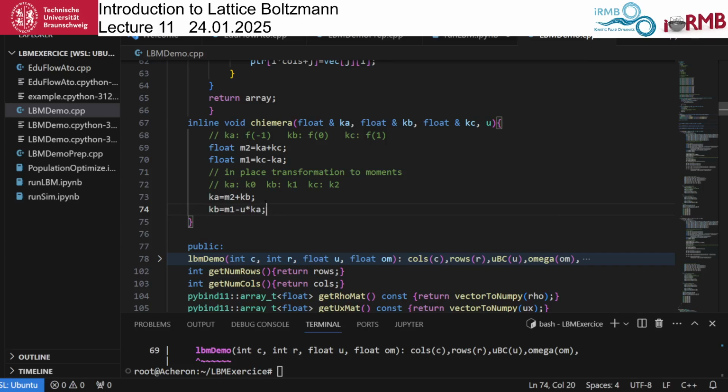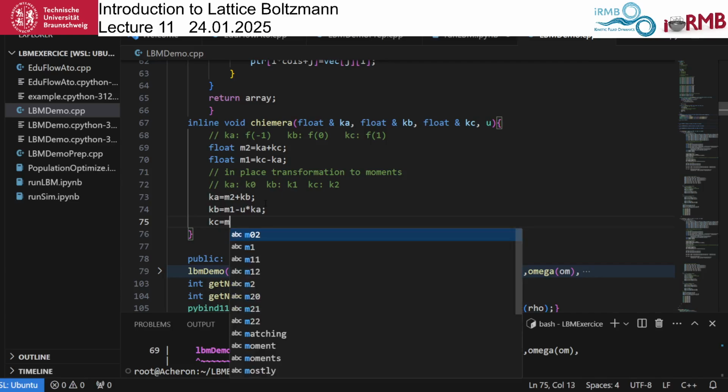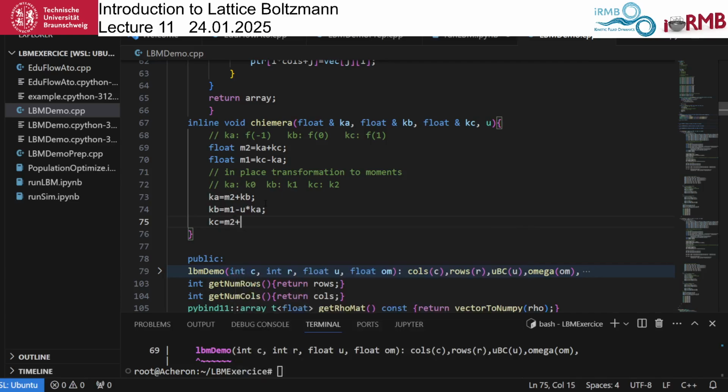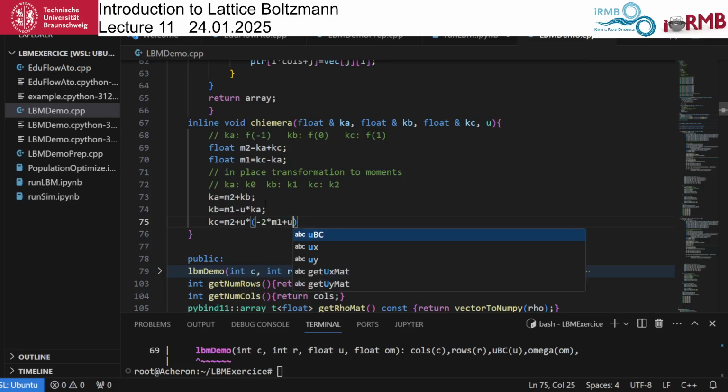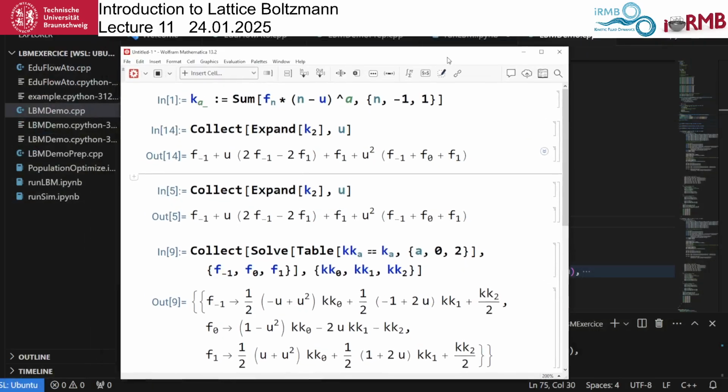And then Kc is supposed to be the second moment, and the second moment is M2 plus U times minus 2 times M1 plus U times Ka.